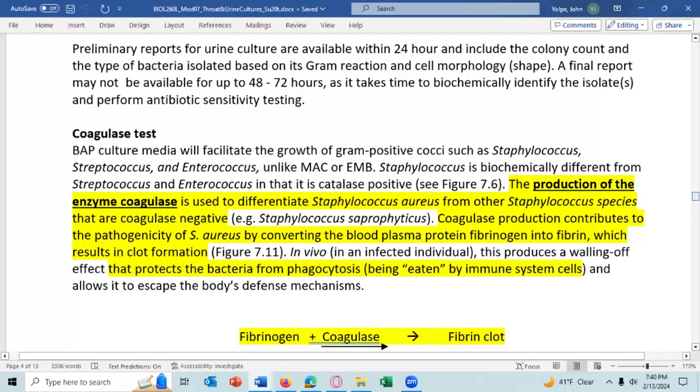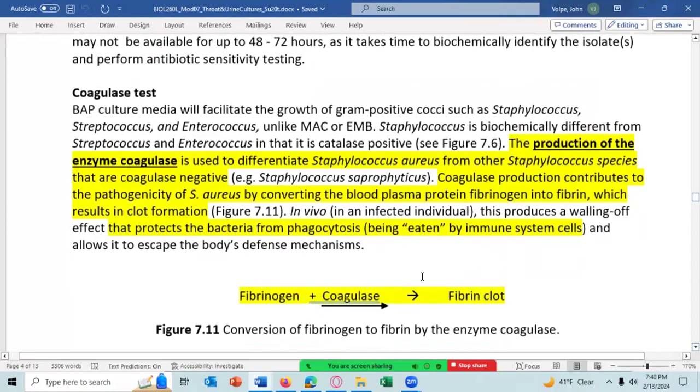What this test does is the enzyme causes the plasma or the blood to clot. Exactly, the coagulase takes the fibrinogen in the plasma and creates fibrin, which are the clotting proteins, and then they will cause a clot to form.